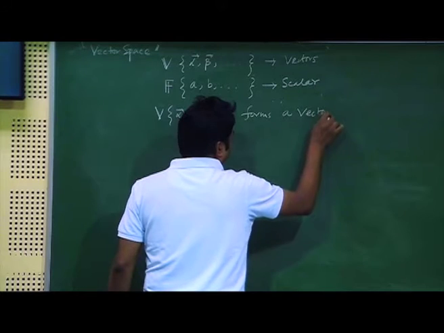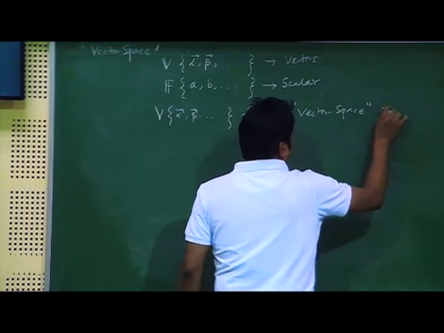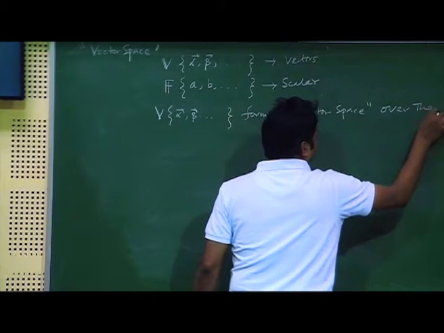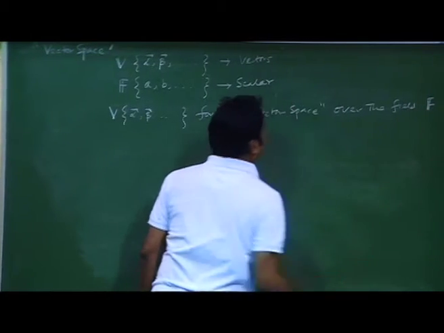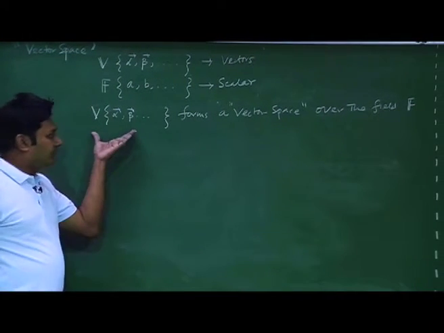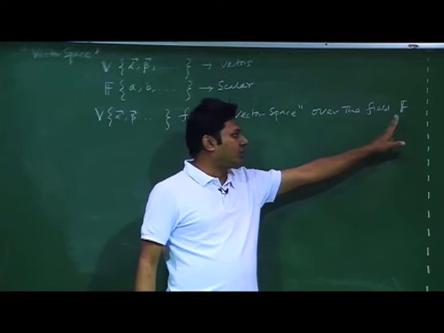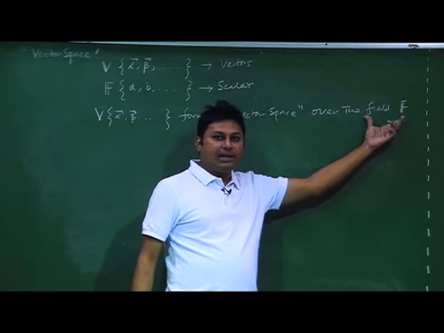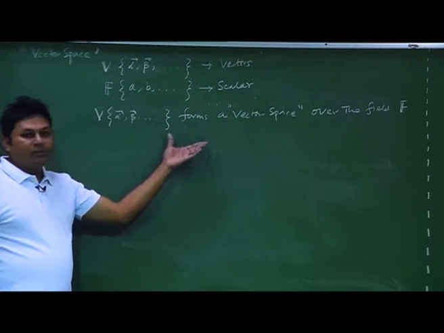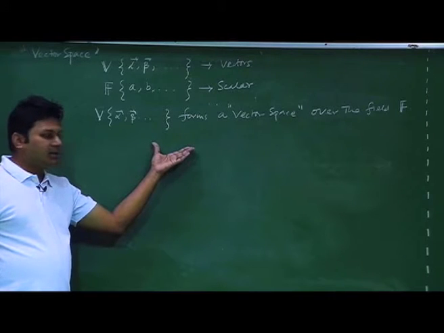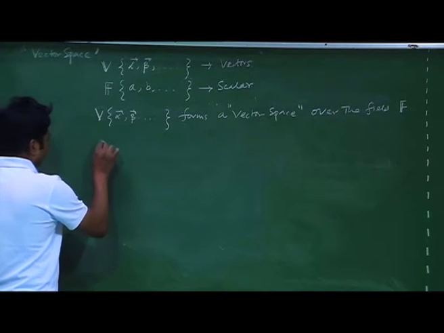This is a very important term, vector space over the field F. Whenever I am saying that V is forming a vector space, I should mention over which field it is forming. Now you remember that F can be of two types, real quantity and also complex quantity.